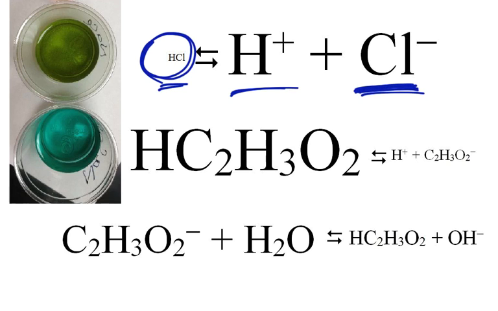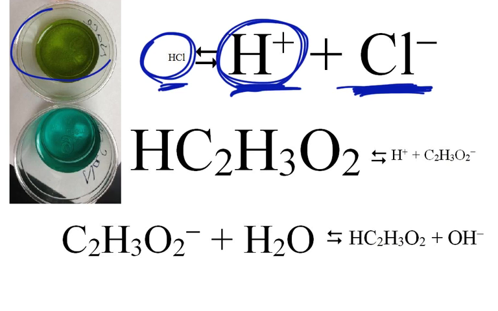So the Cl minus has no tendency whatsoever to grab onto the H pluses and turn back into HCl. So Cl minus in solution will just stay as Cl minus and not affect the pH, because to affect the pH you have to change those H pluses. So strong acids have very weak conjugate bases and will not change the pH.